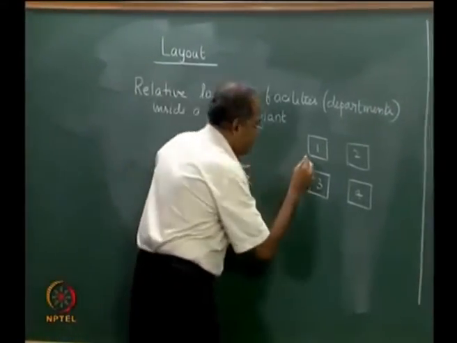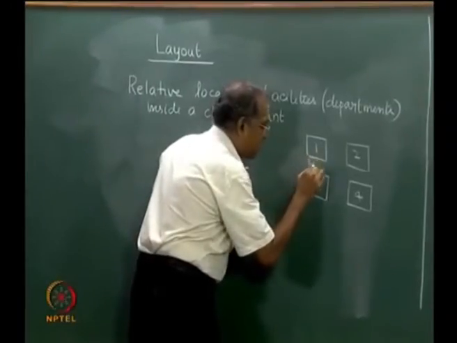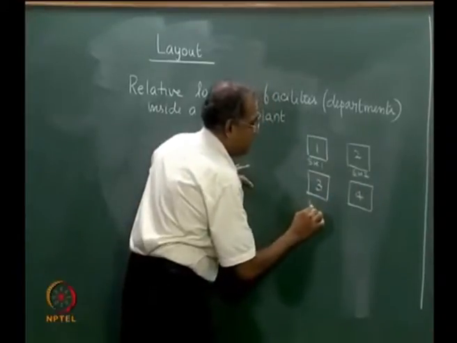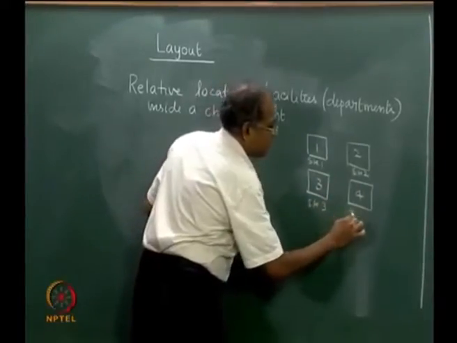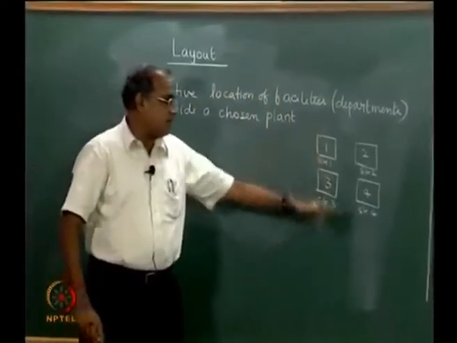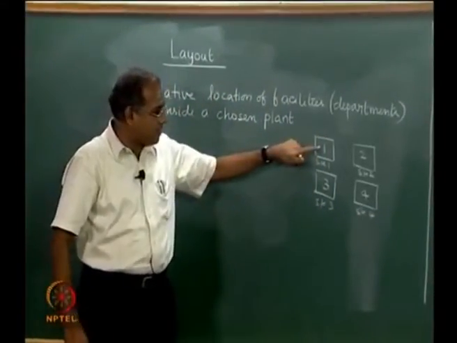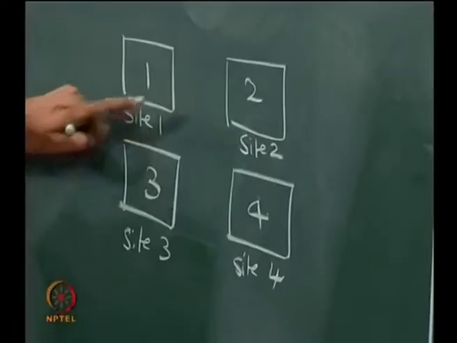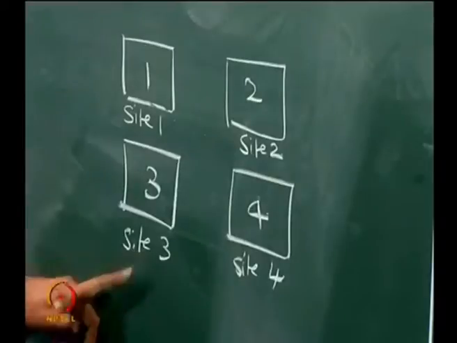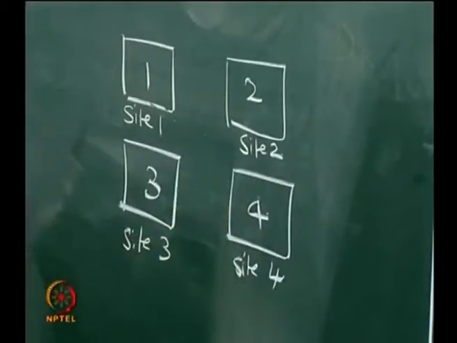These are usually called site 1, site 2, site 3, site 4. So, in this example we are talking about locating department 1 in site 1, department 2 in site 2, department 3 in site 3, department 4 in site 4.